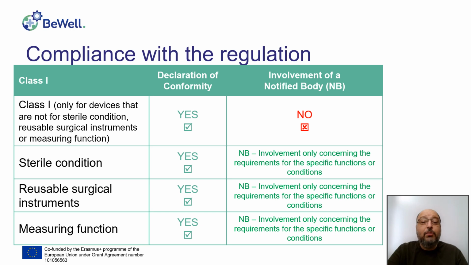But these bodies are also involved in certain procedures for class 1, in the case of sterile devices, reusable surgical instruments, and measuring instruments, but only in relation to these specific functions.